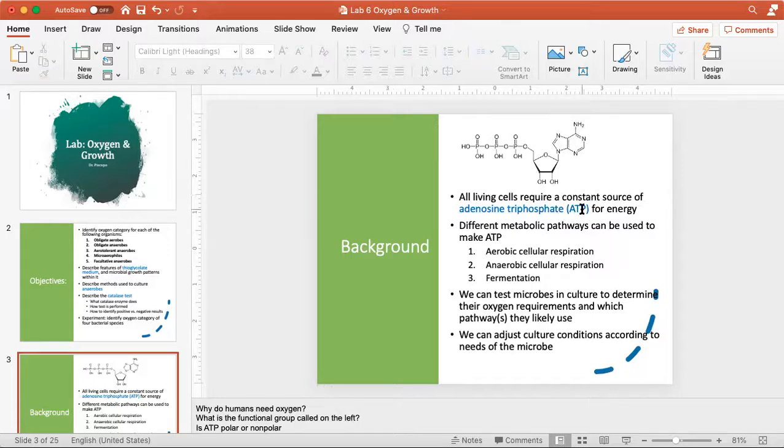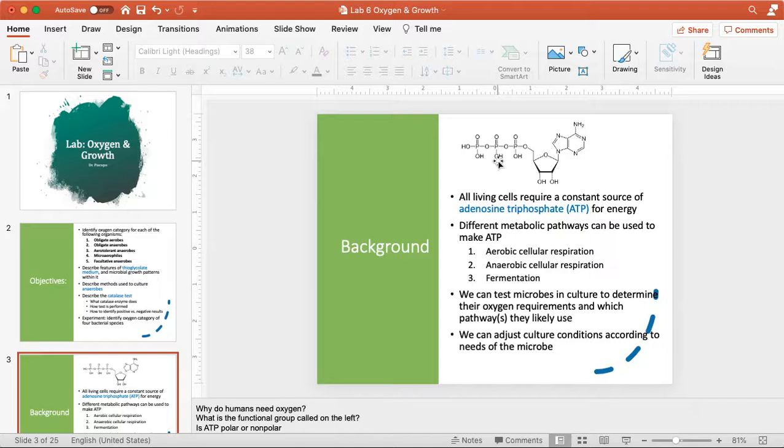And the triphosphate is right here: 3 phosphate groups that are bound to each other. And what the cell can do is break off the outer phosphate group and release a little bundle of energy when the cells require energy to do chemical reactions.